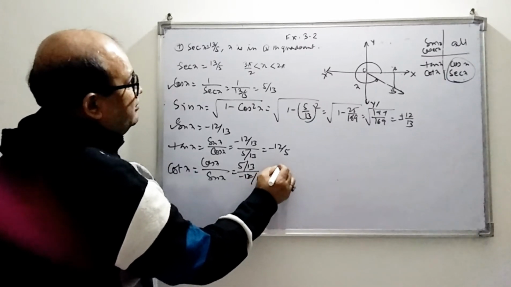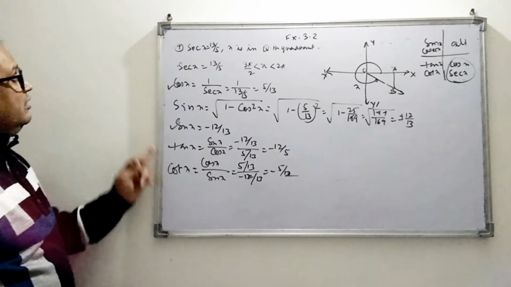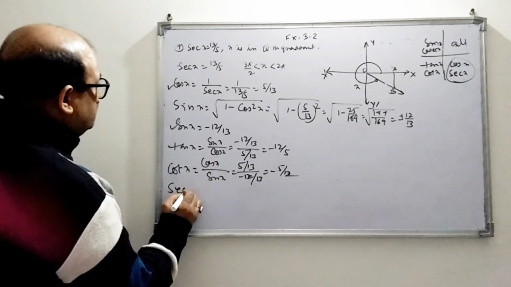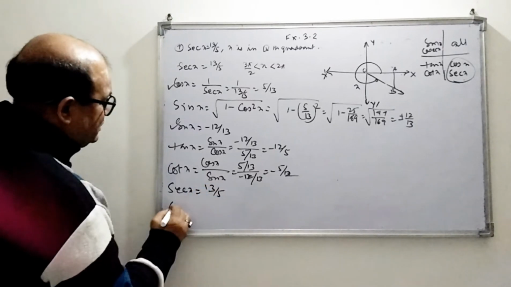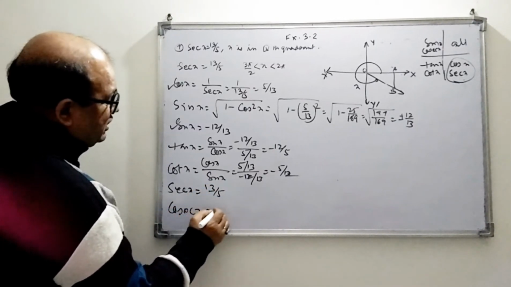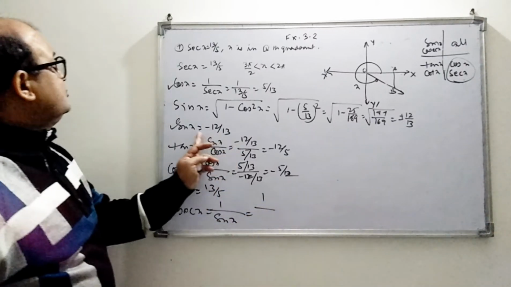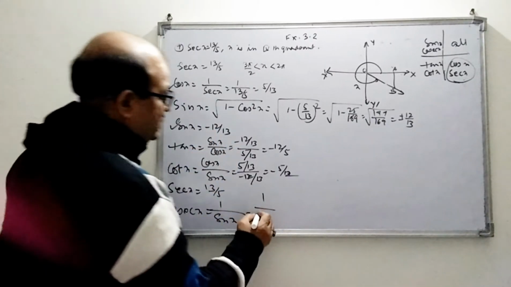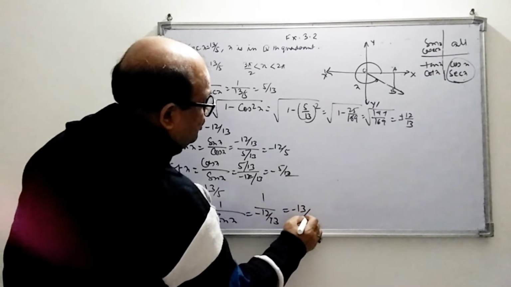That gives you minus 5 by 12. And next is sec x, which is already given, 13 by 5. And cosec x is reciprocal of sin x. Reciprocal of minus 12 by 13 is minus 13 upon 12.